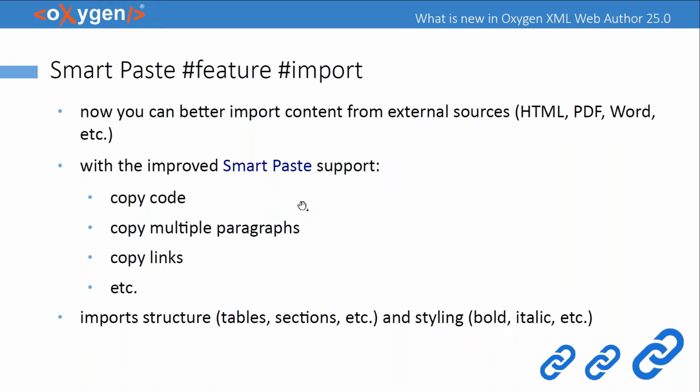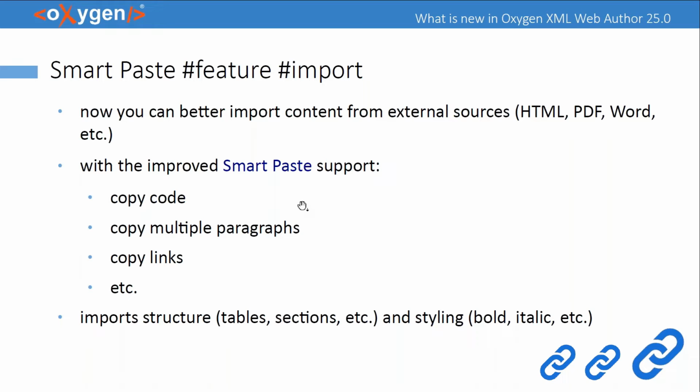So you can copy lists, tables, even bolds, italics, and all kinds of stuff. And in the 25 version, we improved this support so that you can better copy or import things in your documents. Now you can copy content inside a code block by preserving the indentation.